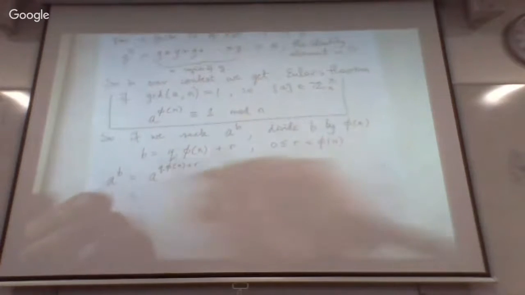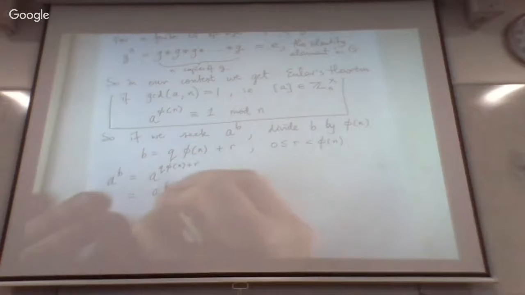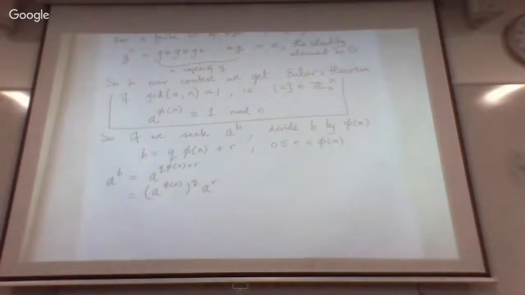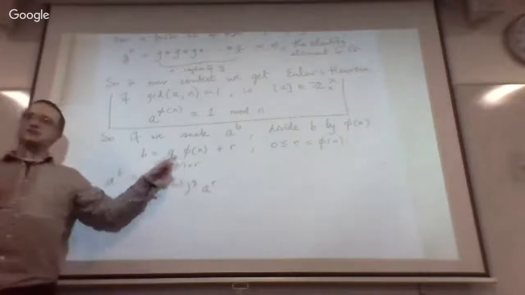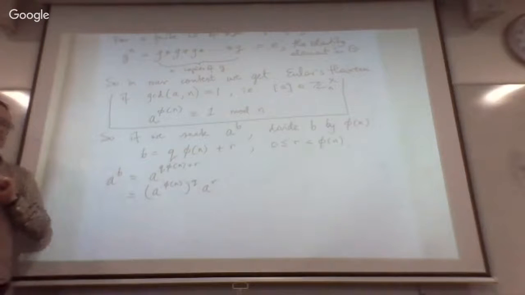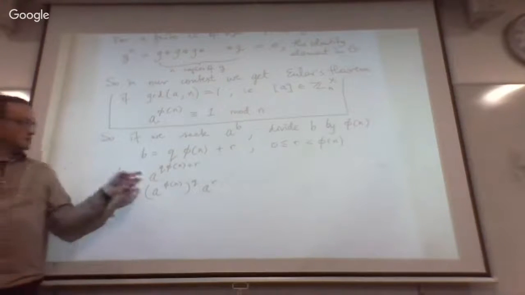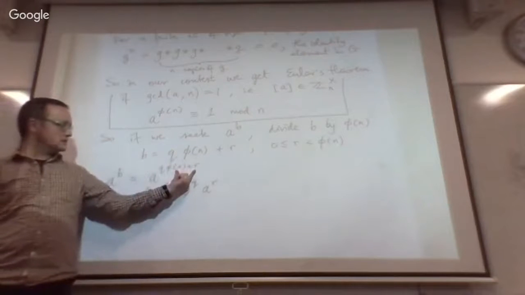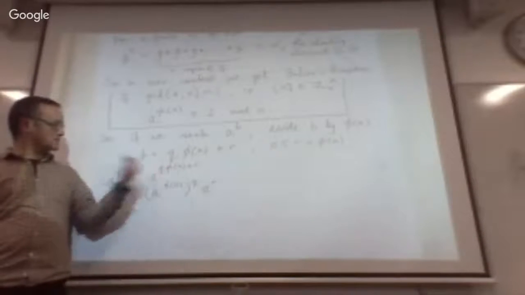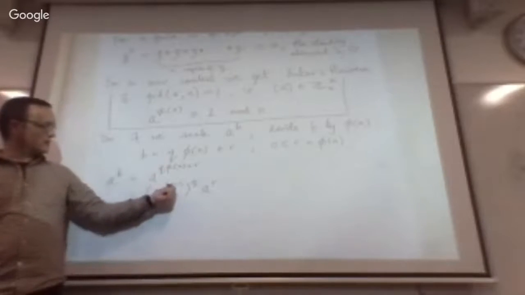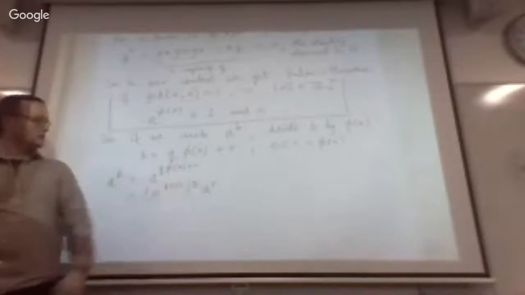Just using rules of indices, this is a to the phi of n, to the power q, multiplied by a to the r. It's just basic algebra, basic properties of exponents. You split up the sum of the exponents, so it becomes a to that power times a to the power r. But then this product of exponents becomes a to the power of one of them to the power of the other one.